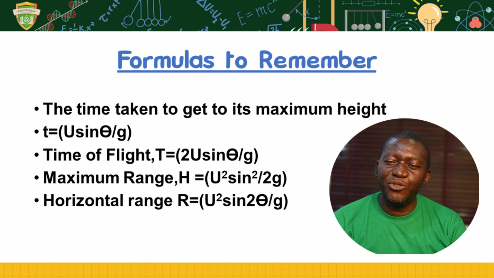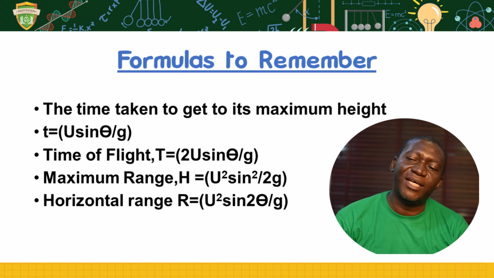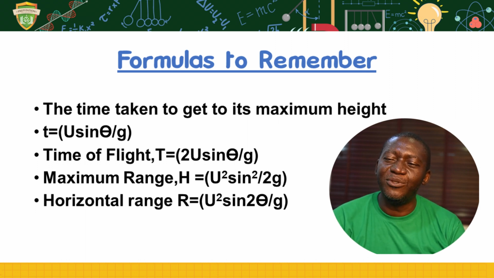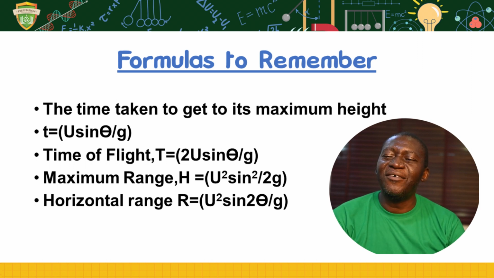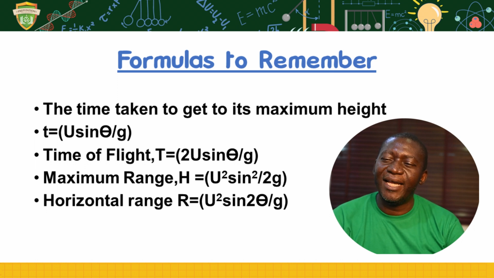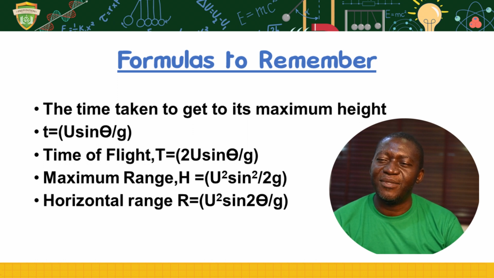So it is good for us to acquaint ourselves with these simple formulas in order to be able to solve questions under projectile motion. Now, having gone through these formulas, let us see how we can apply them to the questions that come out during our UTME exam.